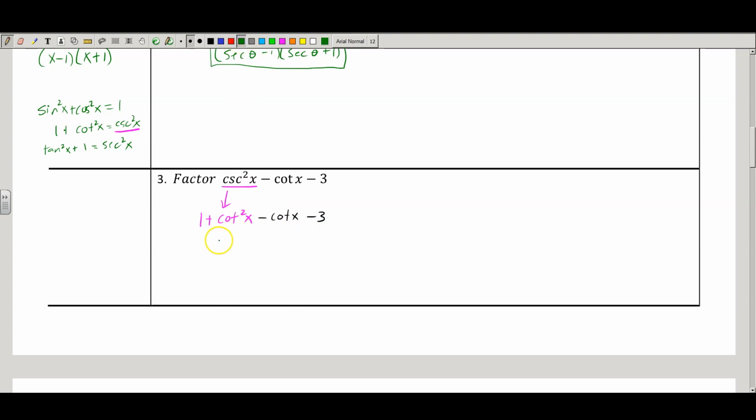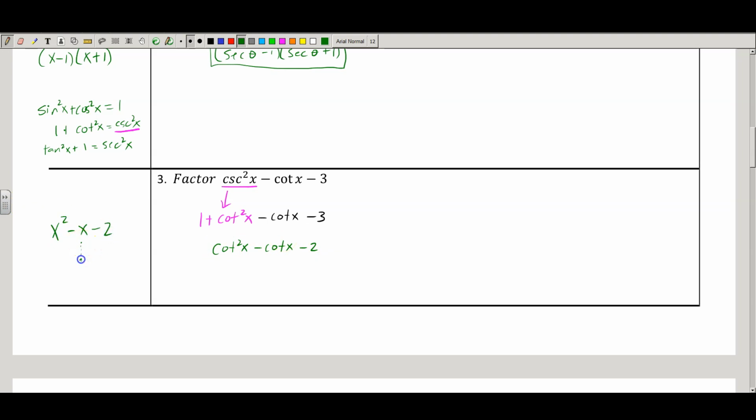I'm going to take that and just write that in standard form. So this would be cotangent squared x minus cotangent x, and this would be minus 2. And so now we have a quadratic expression here, just like if we had x squared minus x minus 2.